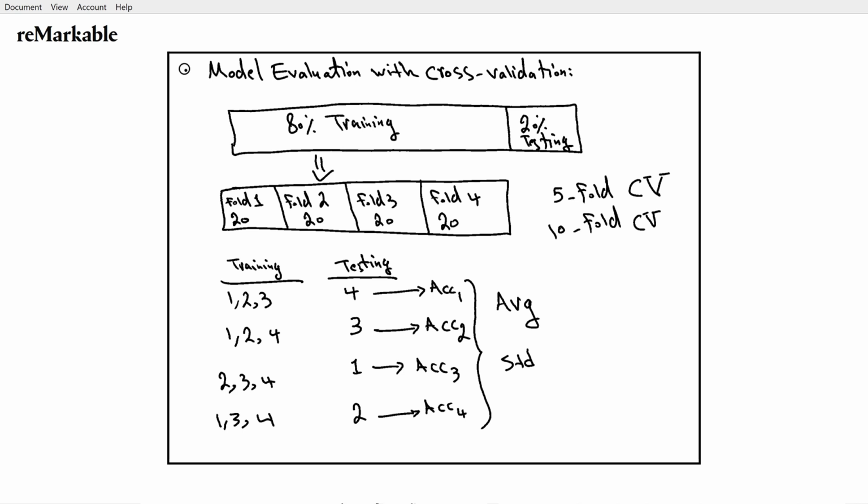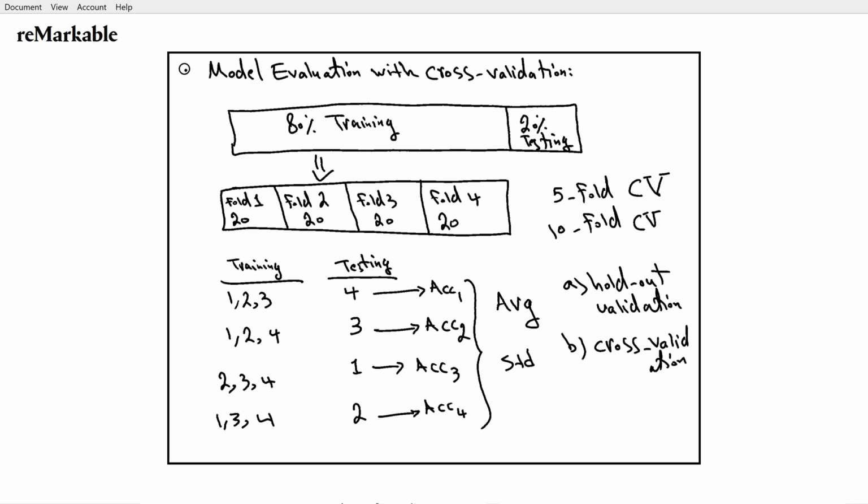So if you combine the first method that you learned, which was the hold-out validation method, with cross-validation, you pretty much have all the tools at your disposal to evaluate your models.